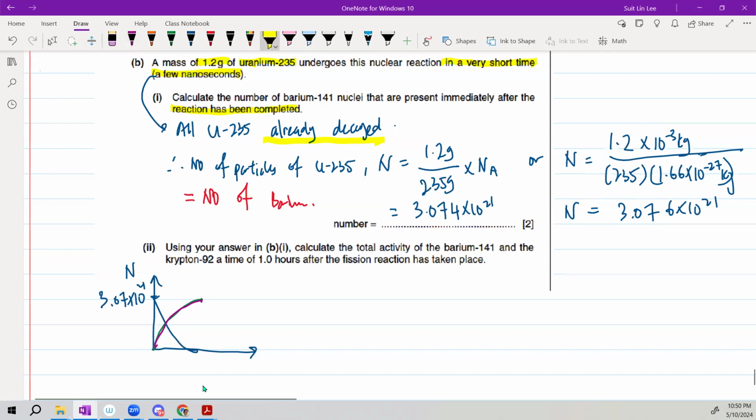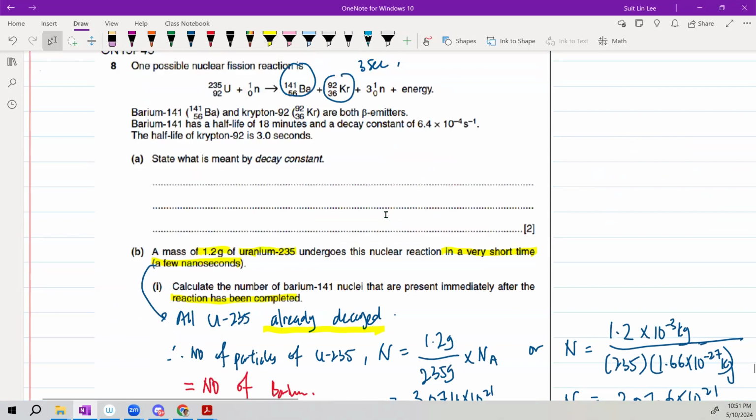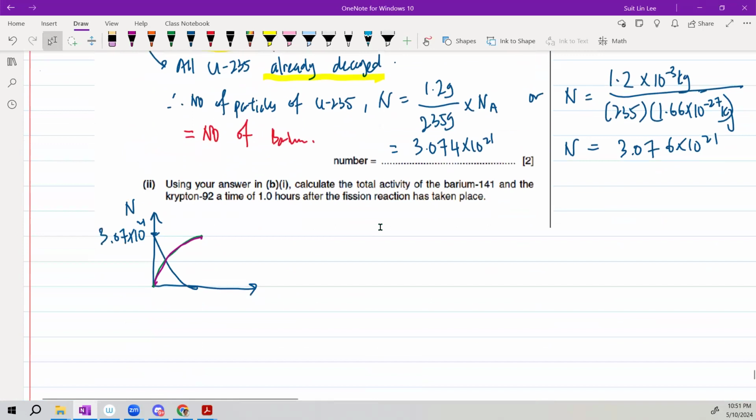Okay, the next part, you are going to calculate the total activity of barium-141 and krypton-92 1 hour after the fission reaction has taken place. 1 hour. I can ignore the 3-second one already. I mean, I can include it. Okay, never mind. Activity of barium plus activity of krypton.